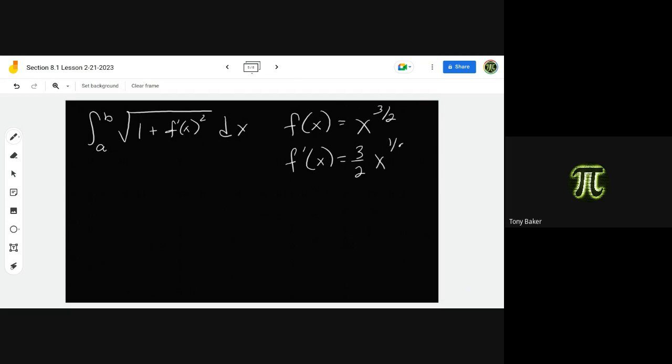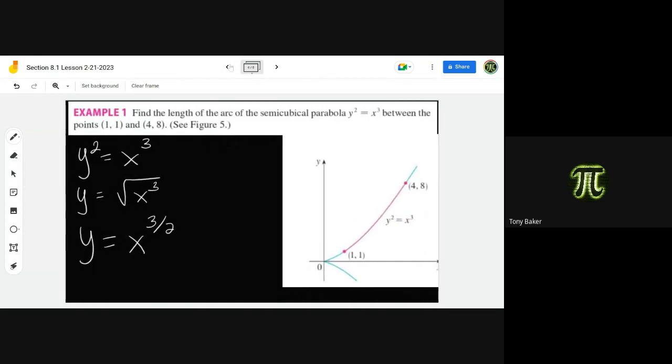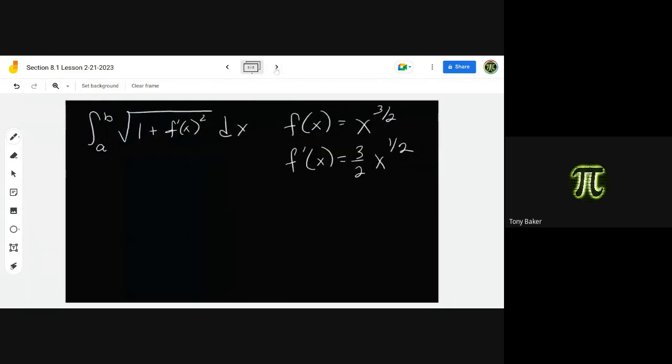So this is going to be 3 over 2 x to the 1 half. And we need to figure out what a and b are. In this case, we're looking at the x's, so we're going to go from 1 to 4. So my integral is from 1 to 4, square root of 1 plus (3 over 2 x to the 1 half) squared dx.